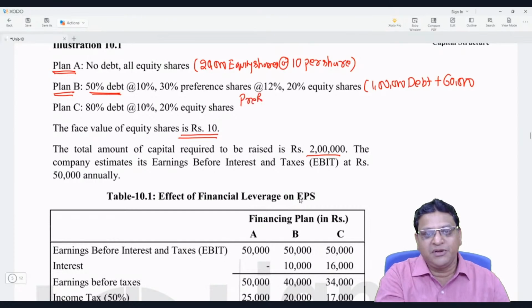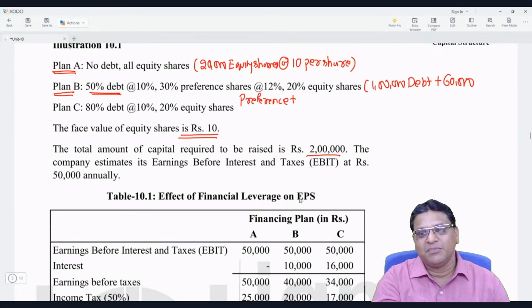And what else will it use? 1 lakh debt plus 60,000 preference share plus 20% equity. 20% of 2 lakh is 40,000 equity. 40,000 equity with face value of rupees 10 means it will use 4,000 equity shares at the rate of rupees 10. This is the second plan.